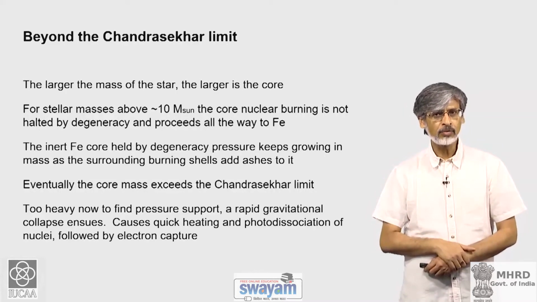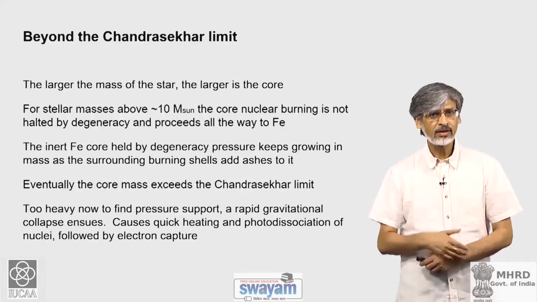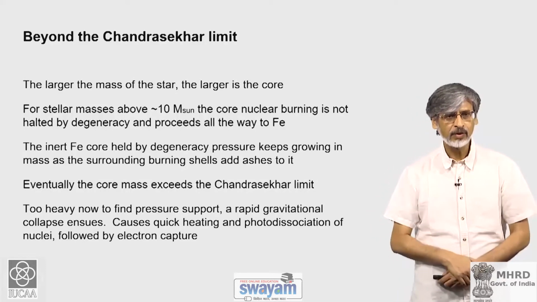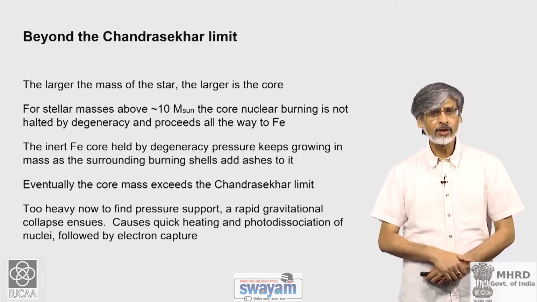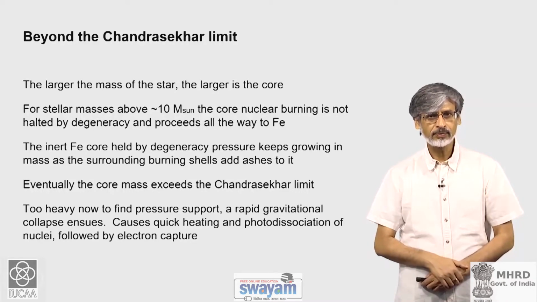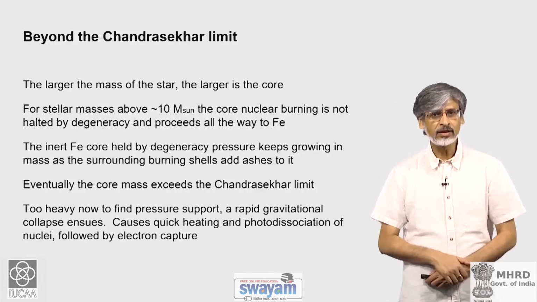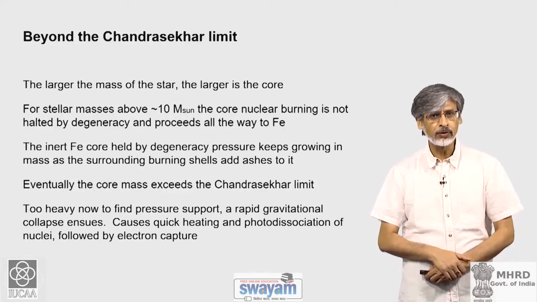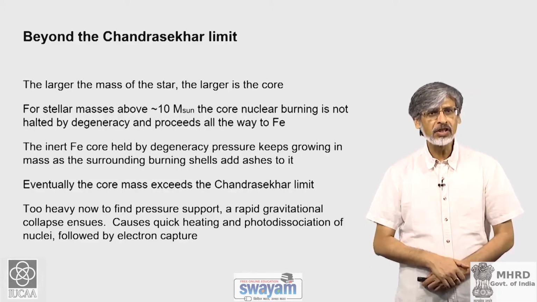Just as we saw before, when we apply the virial theorem, we find that as the core collapses, it gets hotter, and if the collapse is very quick, heating will also be very quick. This quick heating will generate a lot of radiation in the interior, and this radiation will start interacting with the nuclei which have already been produced, and it will lead to photodissociation of these nuclei.